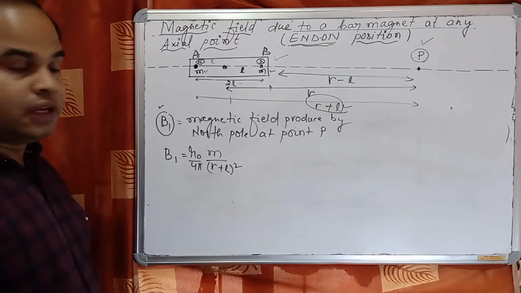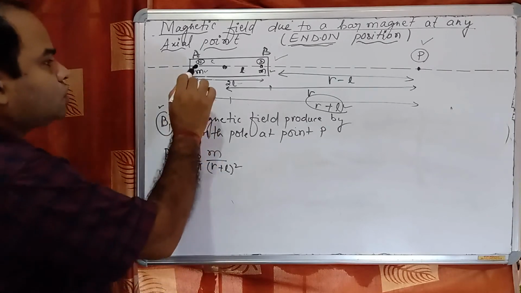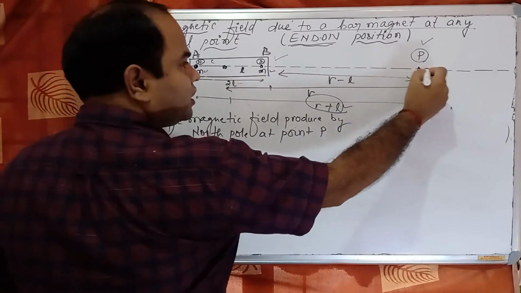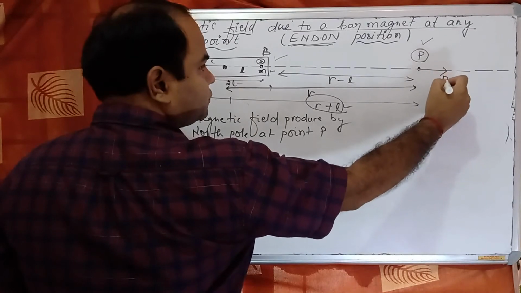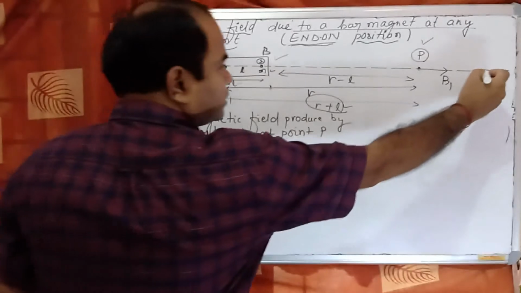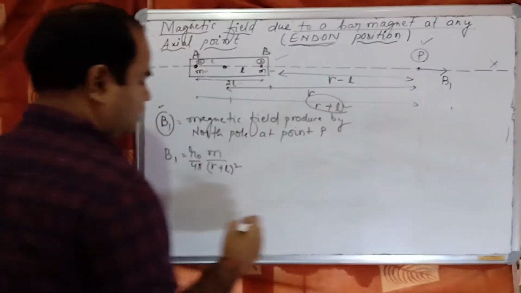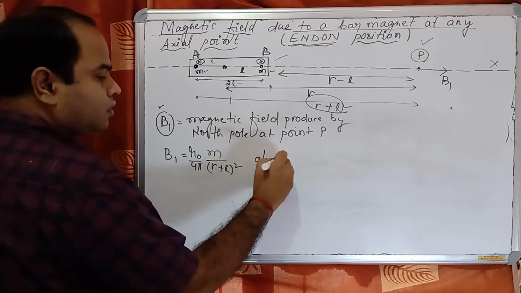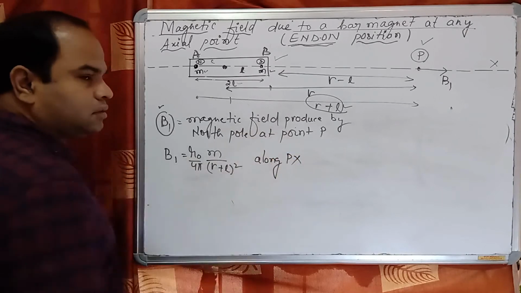The direction: the north pole produces a magnetic field that is outward in nature, so the direction will be along PX.